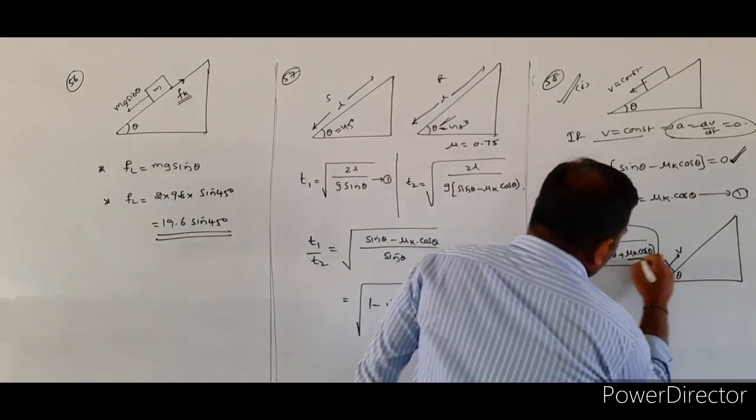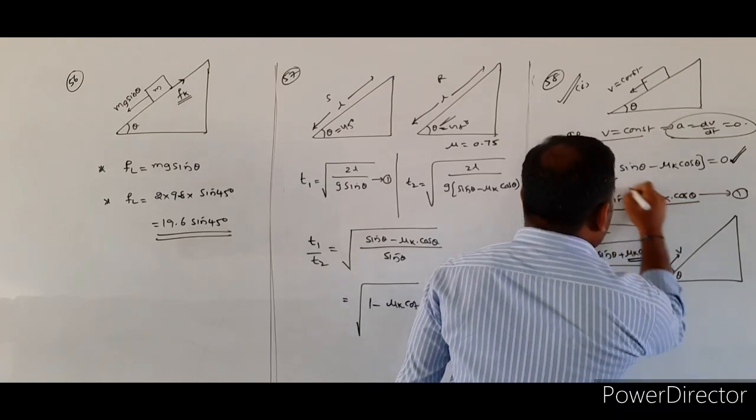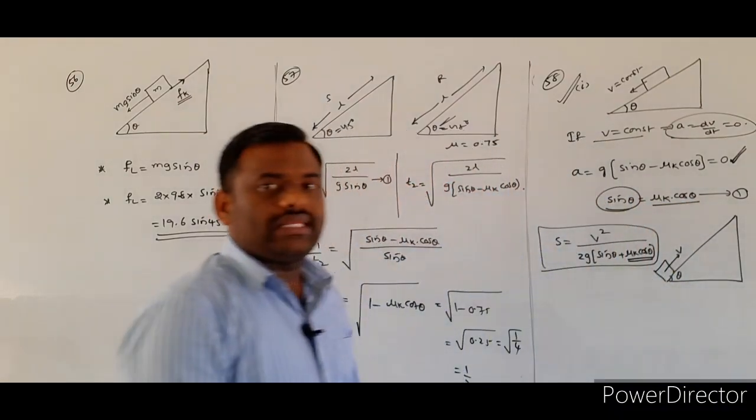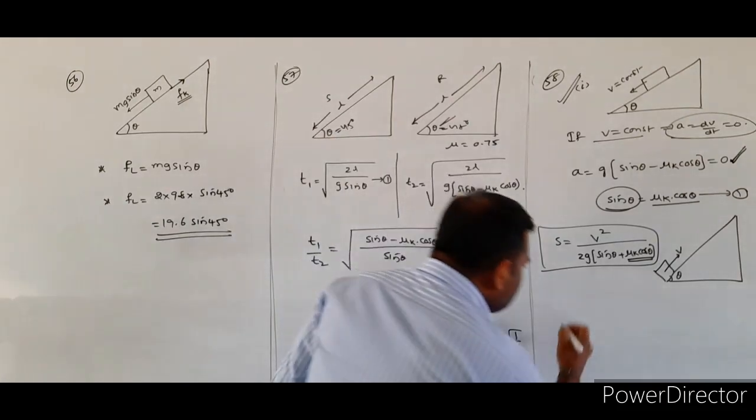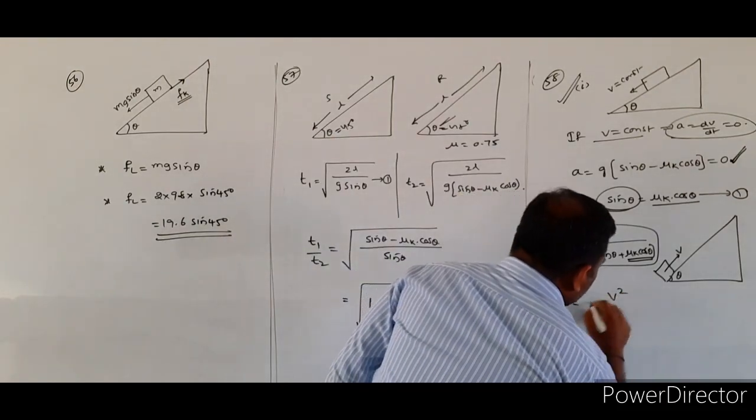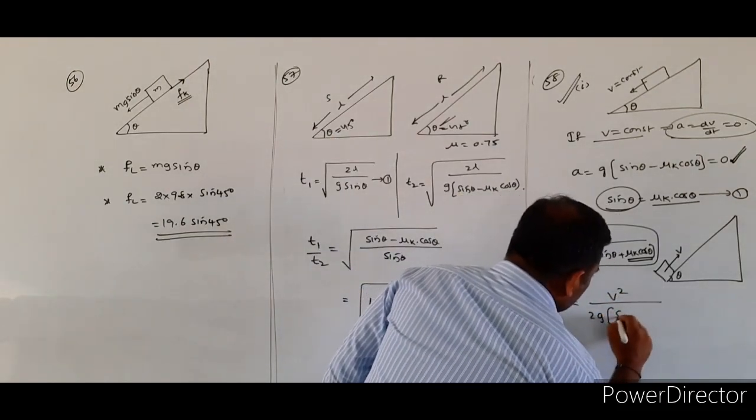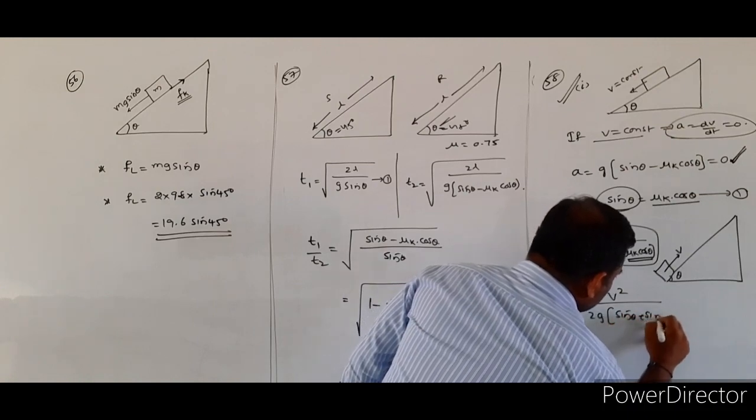But here mu k cos theta is equal to what? Sin theta. Therefore S is equal to V square by 2g into sin theta plus sin theta.